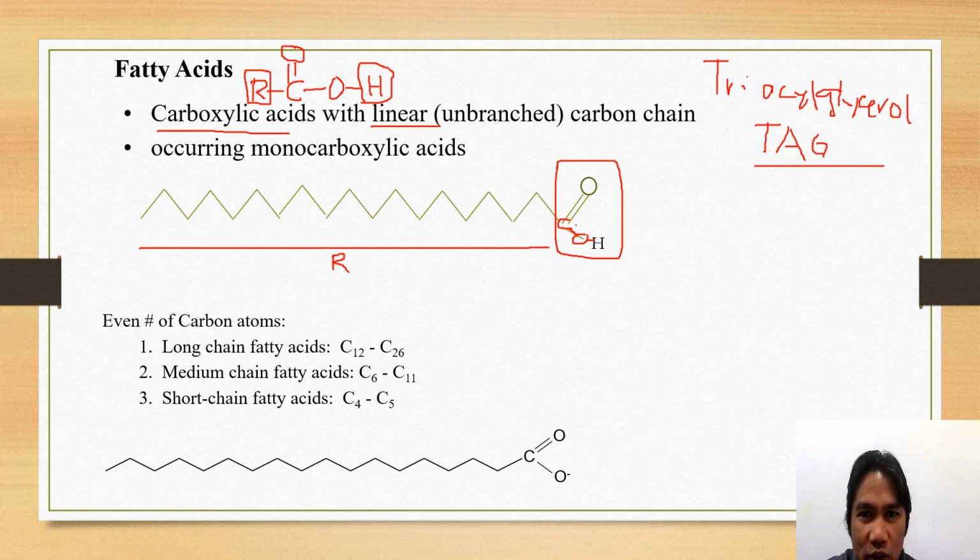It says here unbranched carbon chain. So there are many carbon atoms connected to this carbon. So this is carbon, another carbon, until this is the endmost carbon. I think there are 18 carbon atoms beginning from this one. 1, 2, 3, 4, 5, 6, 7, 8, 9, 10, 11, 12, 13, 14, 15, 16, 17, 18.